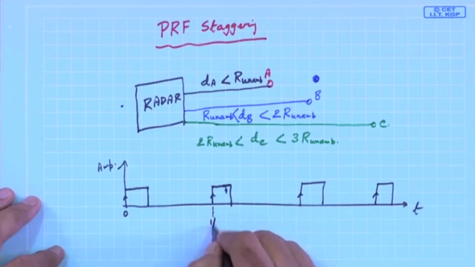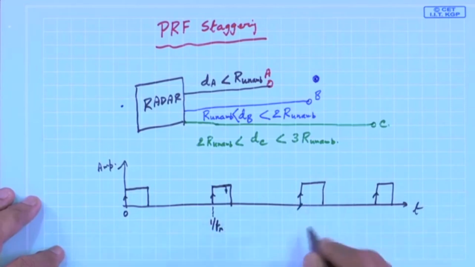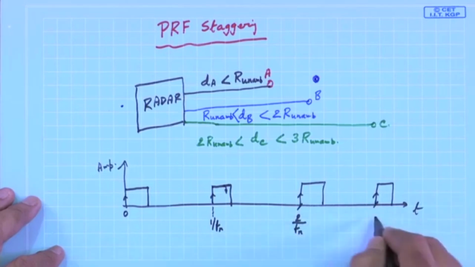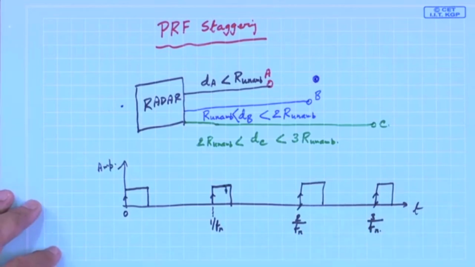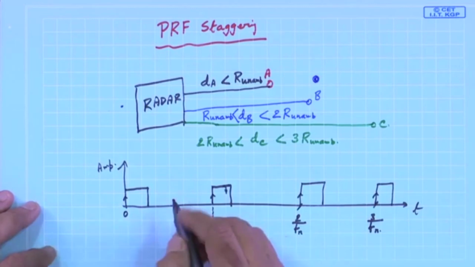So, I can say t is equal to 1 by f r. This one will be 2 by f r, this one is 3 by f r, etc. Now, let us see what will be the returns. A is red color.